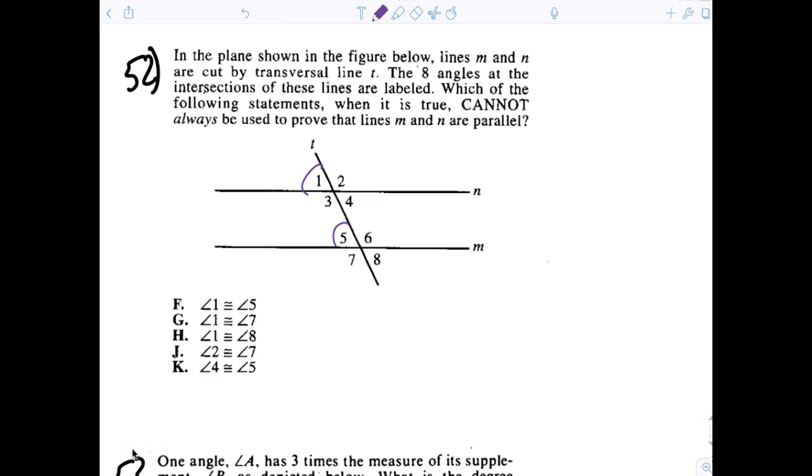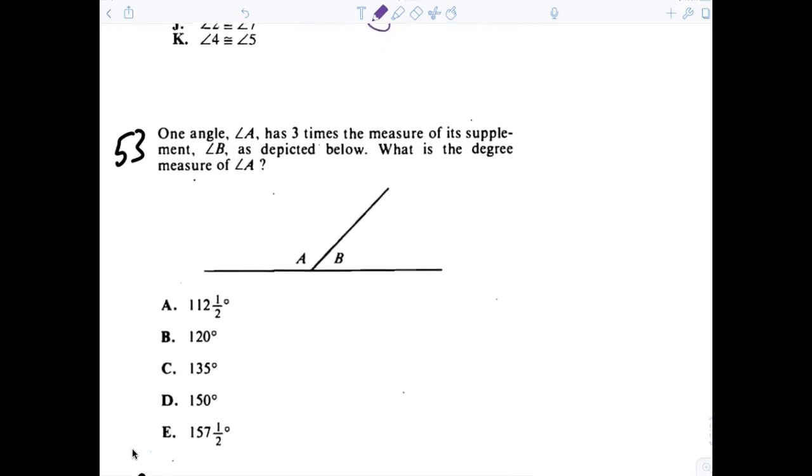Corresponding. 1 and 7. They are alternate. No, they're not alternate. So I think G is the answer, because 1 and 8 are alternate exterior, 2 and 7 are alternate exterior, 4 and 5 are alternate interior. Good job. 53, here we go.